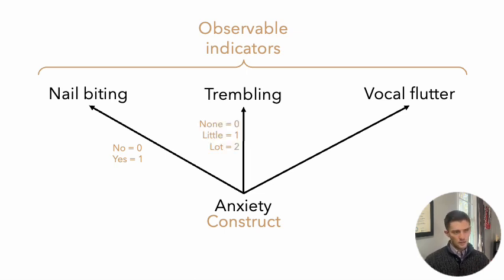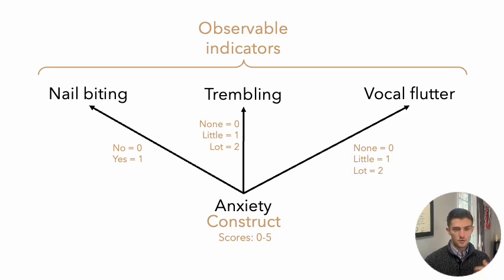If they're trembling a little bit, they get 1 point. Or if they're trembling a lot, then they get 2. Same with vocal flutter. So then what we end up with is a scale that ranges from 0 to 5 for anxiety, right? We can assign a number, and that number is our attempt to represent anxiety, something we didn't directly observe, but something that we can make inferences about.